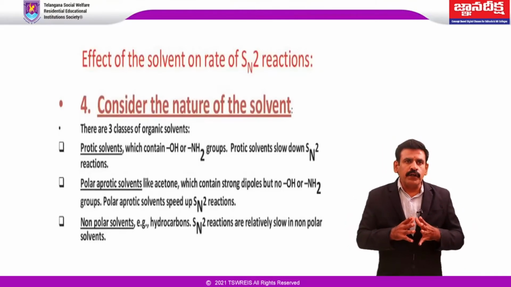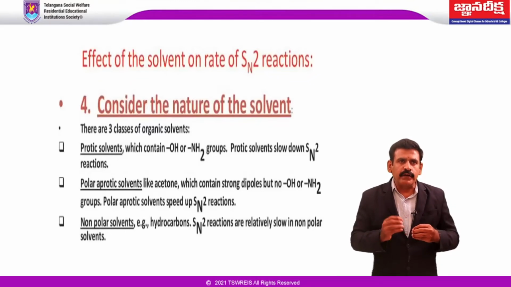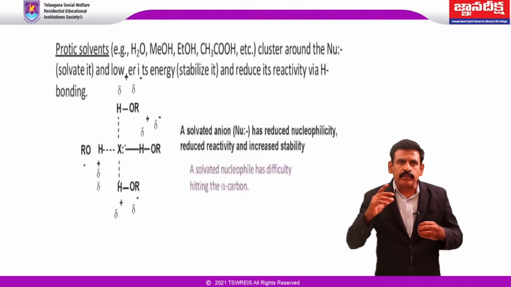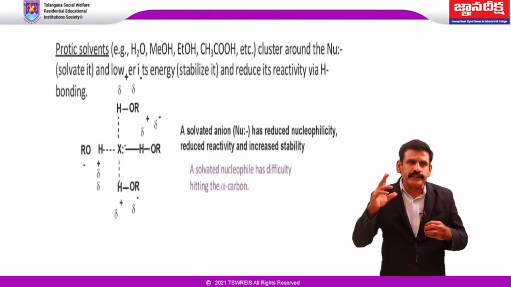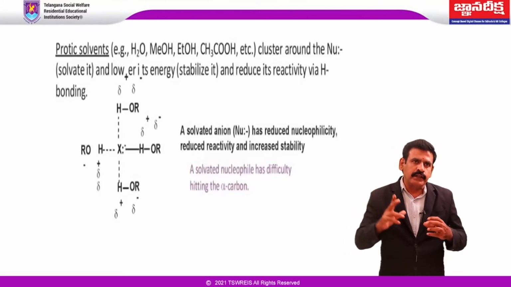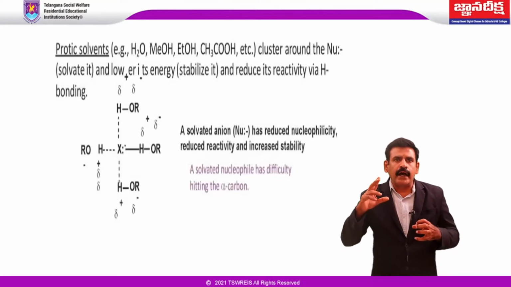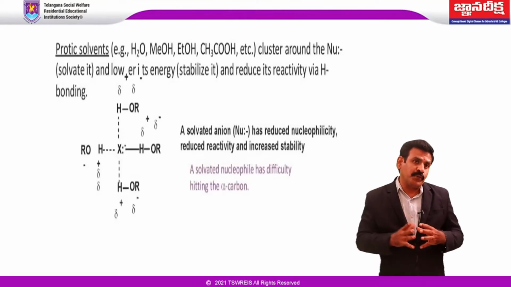See here, protic solvents, for example water, methanol, ethanol, acetic acid, etc., cluster around the nucleophile, the solvent stabilizes it, lowers its energy and reduces its reactivity via hydrogen bonding.